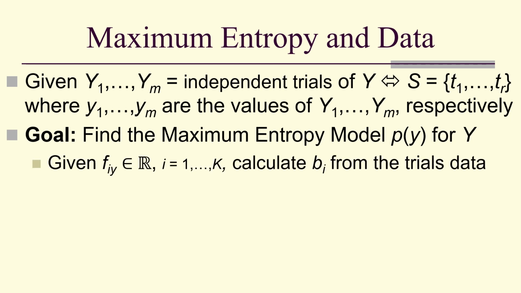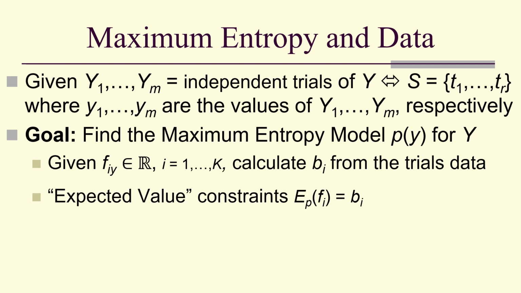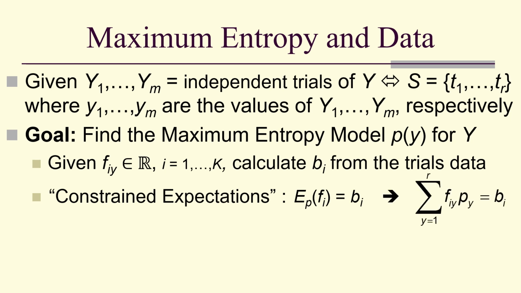So given some f sub i of y's in R, where i is 1 to capital K, we calculate b sub i from the trials data, and what we get are called expected value constraints. So the expected value with respect to the probabilities of f sub i is going to be b sub i, also known as constrained expectations.